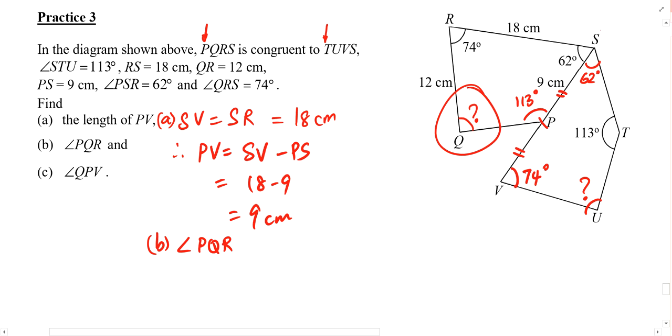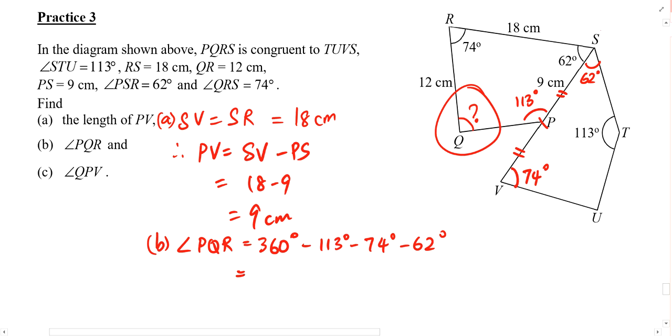This is the angle. So how do I find it? What do we do with 360? 360 minus 113 minus 74 minus 62 degrees.